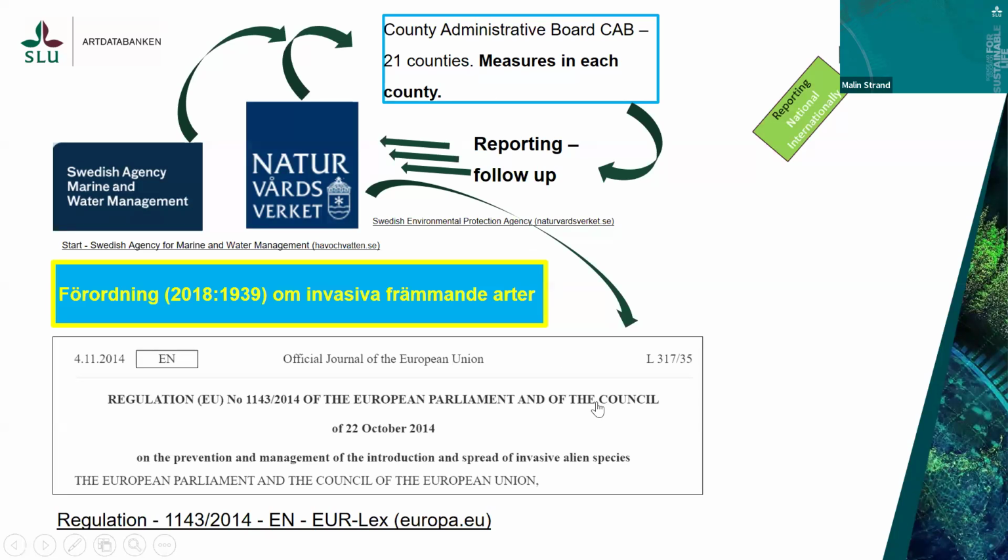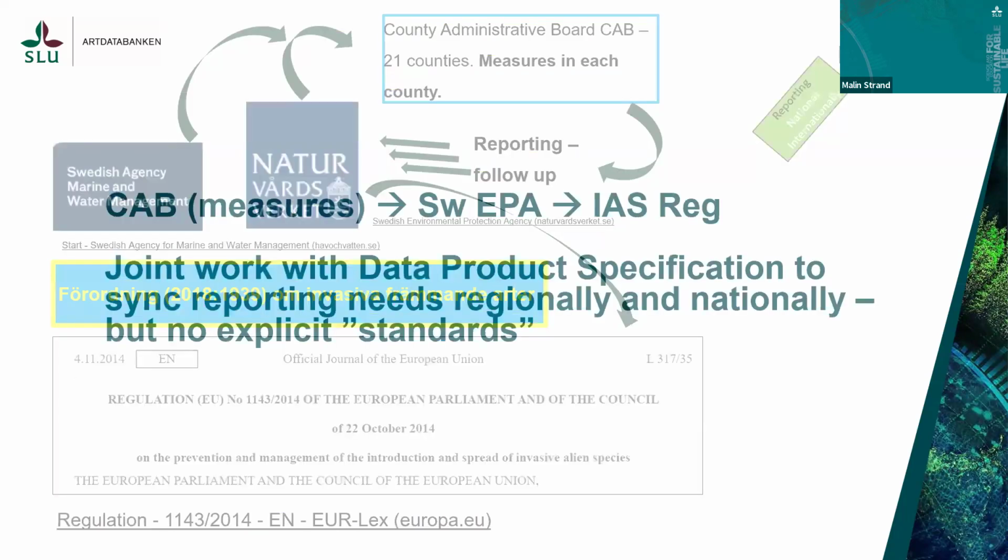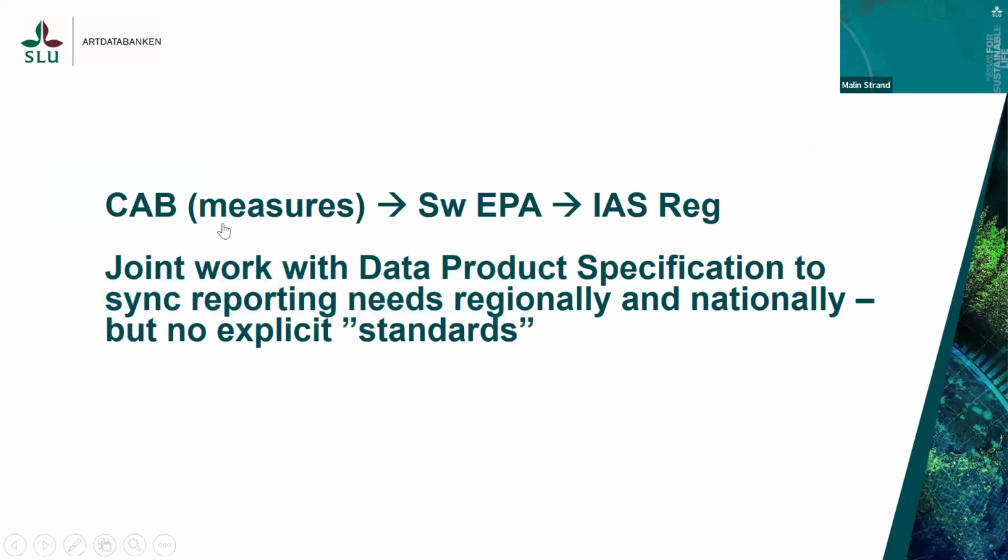So what has happened now, since we are getting closer to the next reporting event, we've had a joint work between the county administrative boards and the Swedish EPA preparing for the next reporting round.